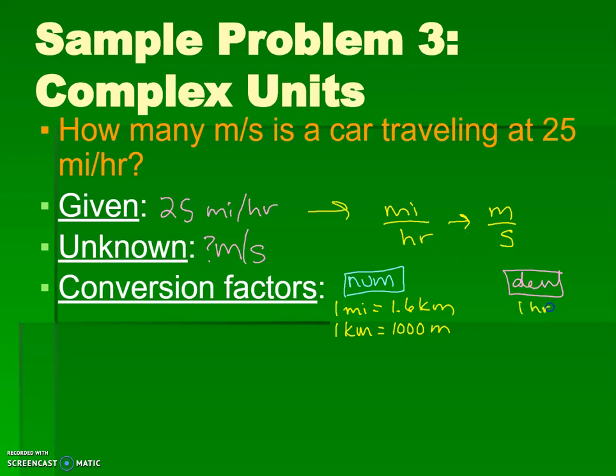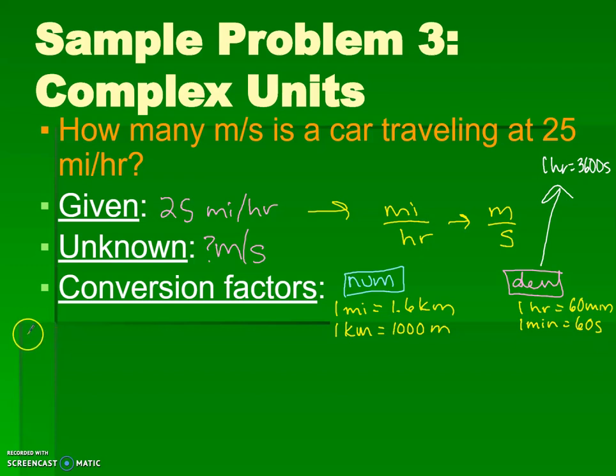Okay, 1 hour is equal to 60 minutes, or 1 minute is equal to 60 seconds. If you know the conversion factor immediately, you can also say 1 hour is equal to 3,600 seconds, which is just 60 times 60. So if you want to save yourself a step, you can do that also.